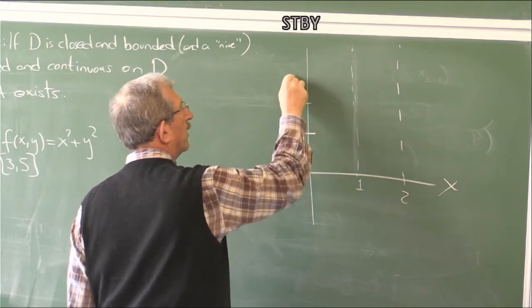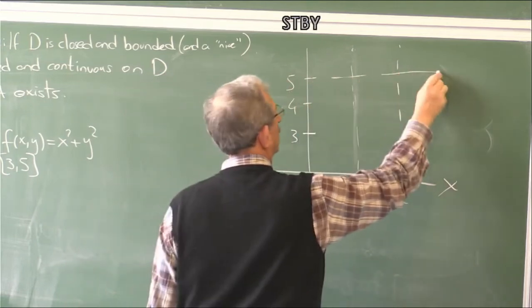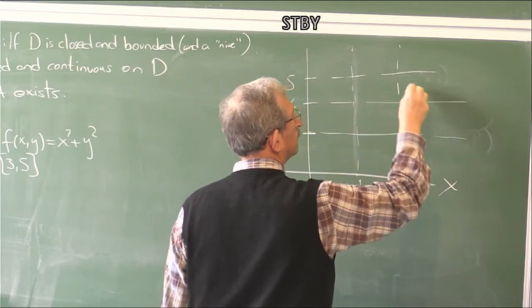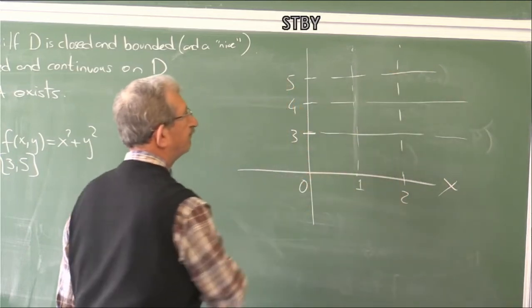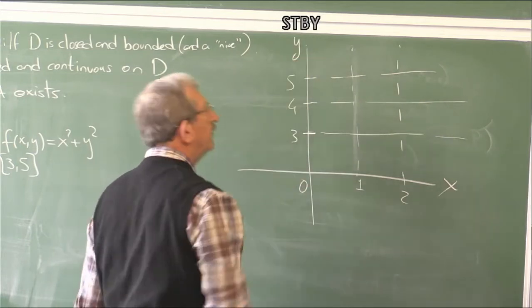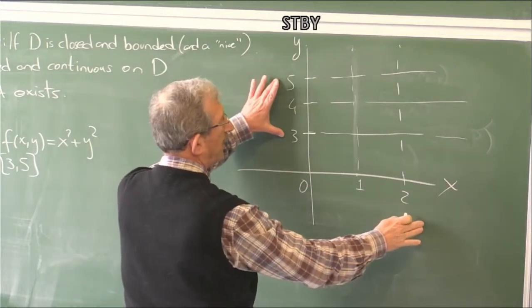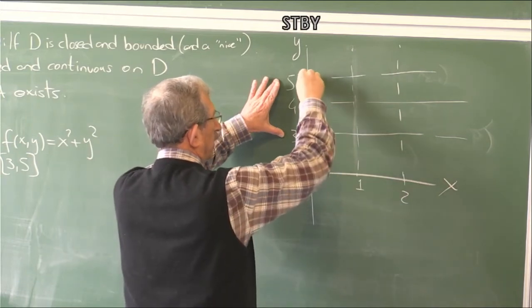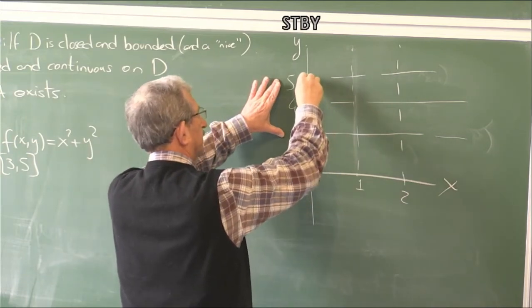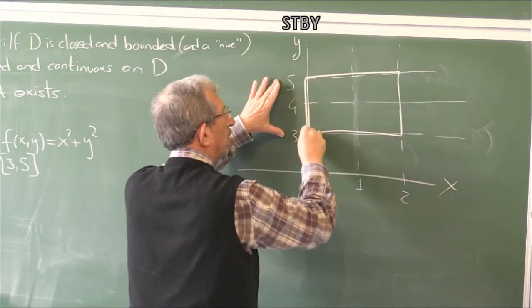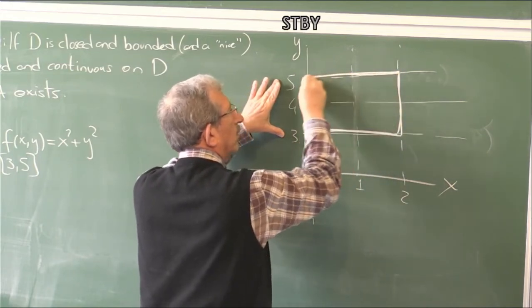So the rectangle is [0, 2] cross [3, 5]. This is my R.